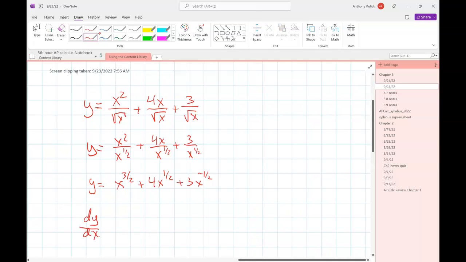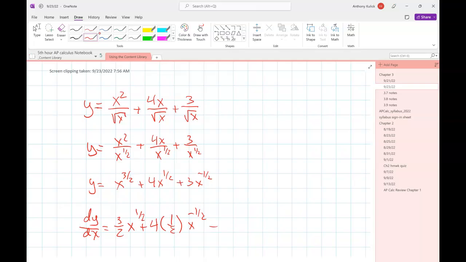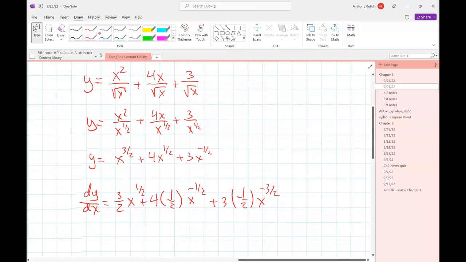So when I take the derivative, I'm going to have 3 over 2, x to the 1/2, minus 4 times 1/2 times x to the negative 1/2, plus 3 times negative 1/2 x to the negative 3/2. And now it's just a matter of cleaning things up.